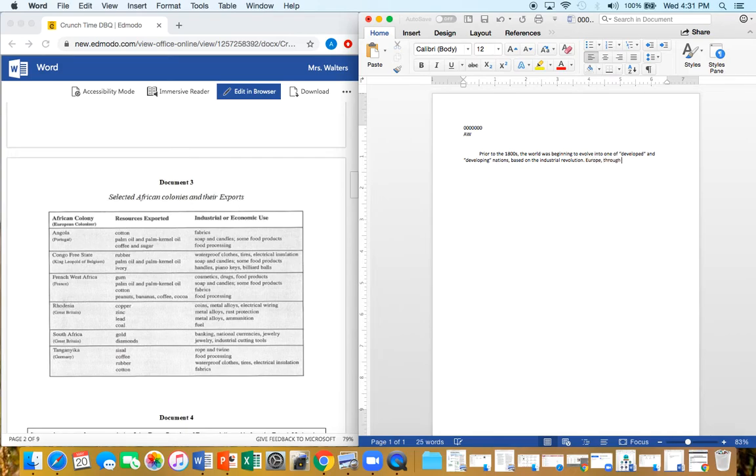Europe, through its early years of exploration, had grown confident in its innovation and was successful in being the first region to truly industrialize.